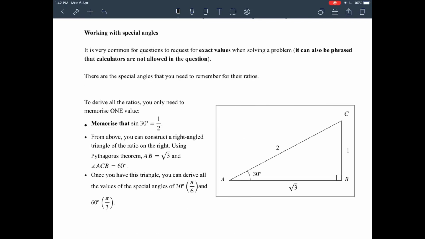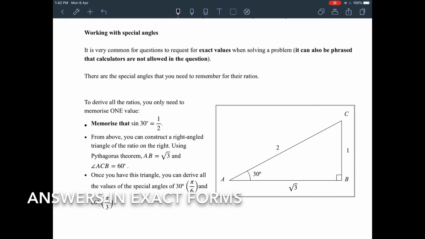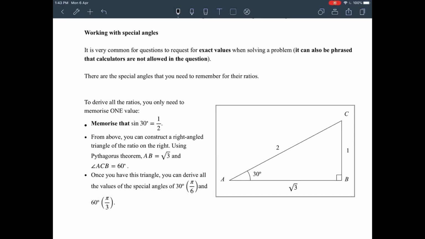In our studies of additional mathematics, it is very common for us to express our answers in exact forms. The reason why we want to do this is that there are some questions that specifically request you to leave the answers in exact forms.